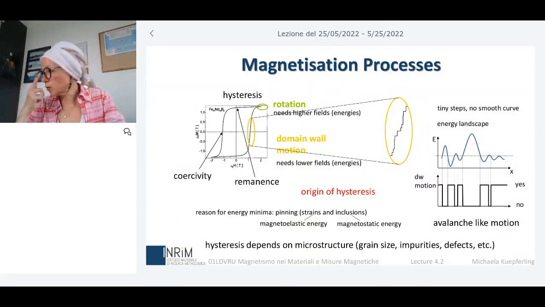I would like now to show you that this avalanche kind of motion of the domain walls, we can also listen to, and this is called the Barkhausen effect. And I'm sorry for those who cannot access YouTube, you have to be a bit patient and wait until I show this video, because all these videos are on YouTube, unfortunately.